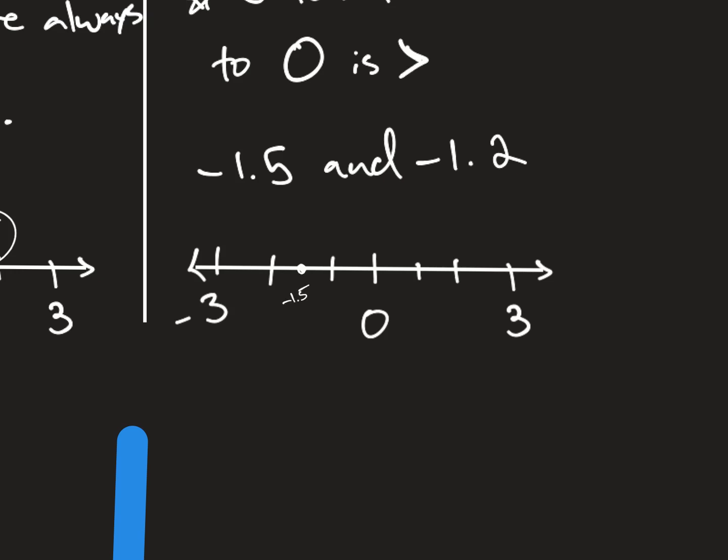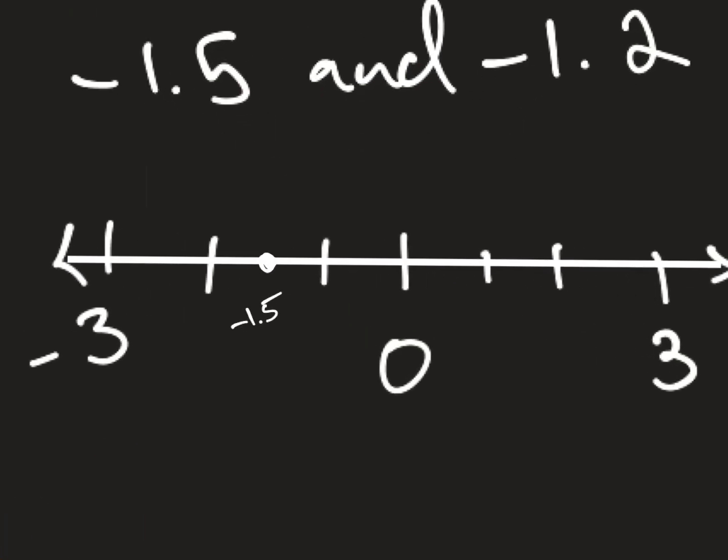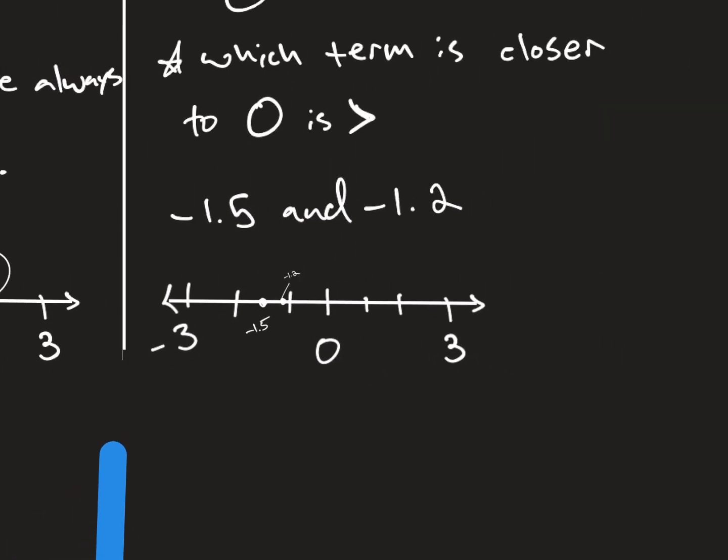And negative 1.2 would be right about there. In this case, negative 1.2 is closer to zero, so by default, this one will be greater. If I rewrite this, negative 1.5 is less than negative 1.2.